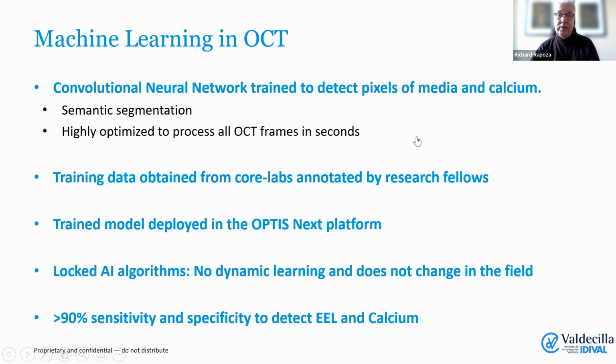So we approached this program using the convolutional neural network technique with OCT information, and trained it to detect pixels in the OCT pullback for both the media and calcium.